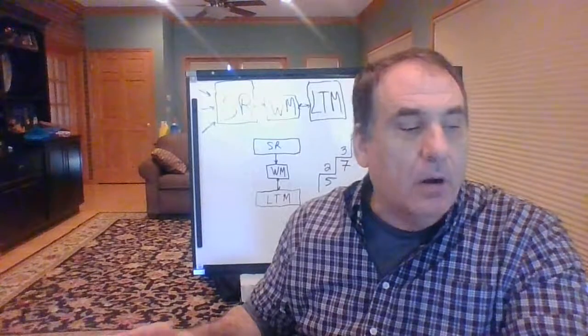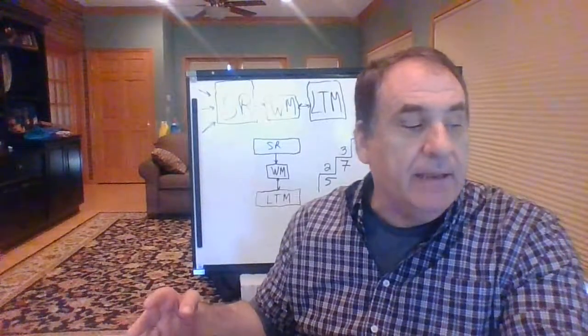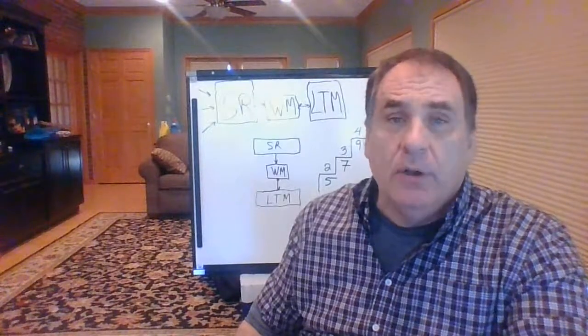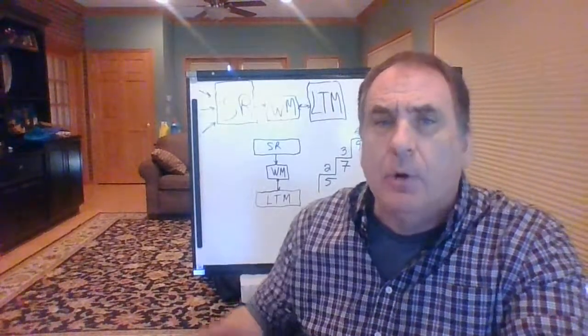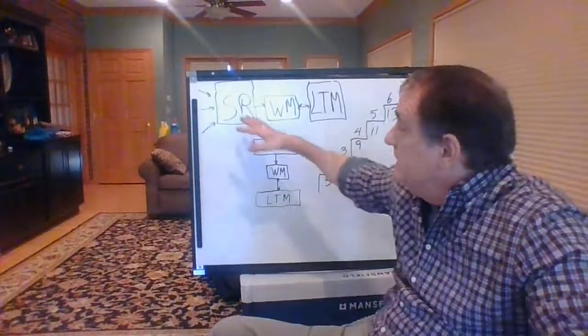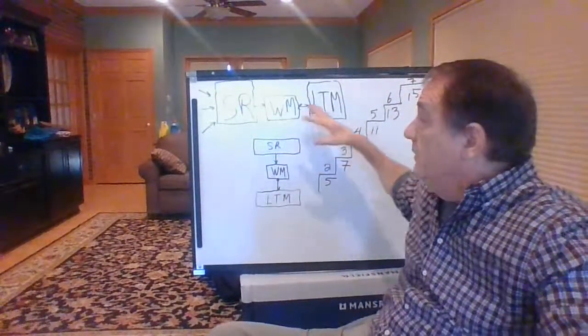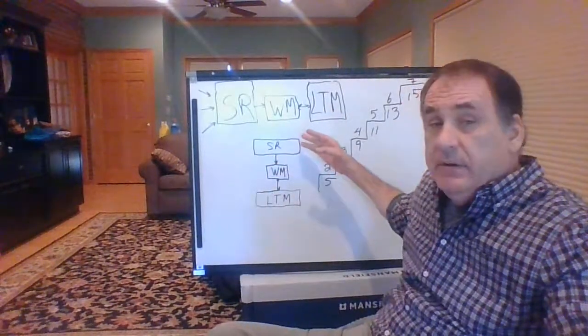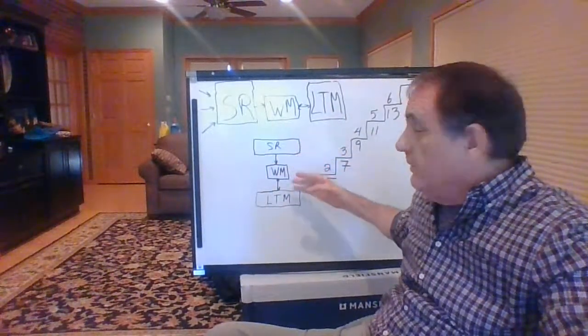But in either form, because short-term memory is a bottleneck, long-term memory occurs slowly. What do I mean by short-term memory or working memory being a bottleneck? What I've done is I've taken the model over here, sensory register to working memory to long-term memory, and I flipped it on its side. You see this here? Sensory register, working memory, long-term memory.